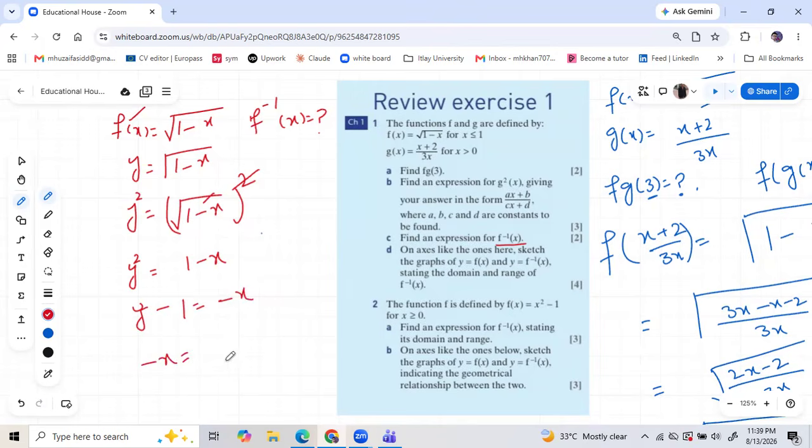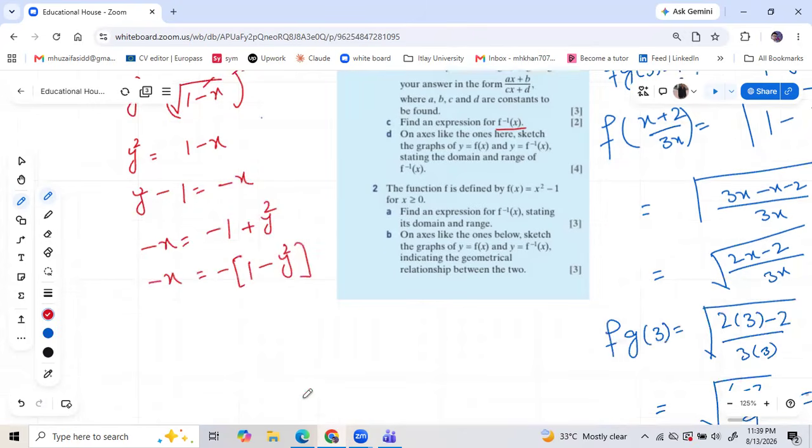Rearranging it, this is minus 1 plus y squared, and I'm taking the minus as common, so this is minus x equals minus of 1 minus y squared. The minuses cancel.